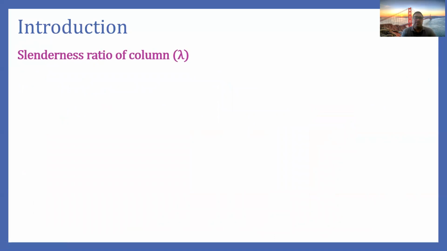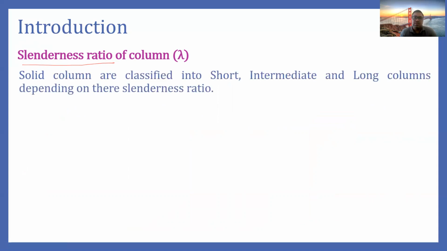Now talking about the next very important concept, which is the slenderness ratio of a column. This slenderness ratio is a very important concept because on the basis of this ratio we can classify columns in the category of short column, intermediate column, or long column. So we first need to understand what slenderness ratio is.